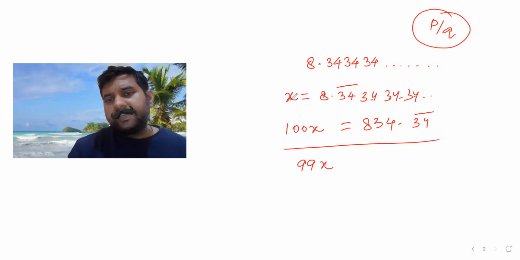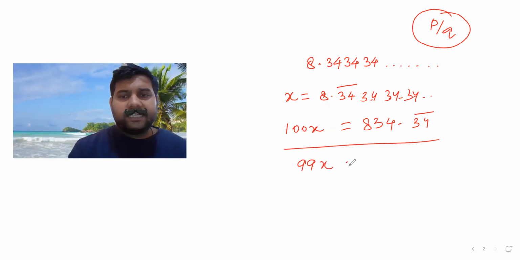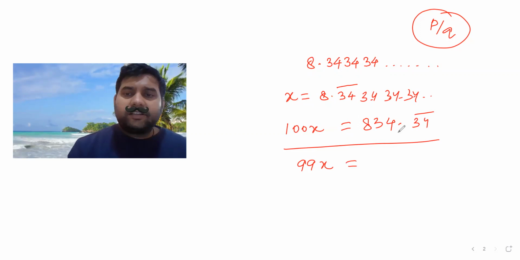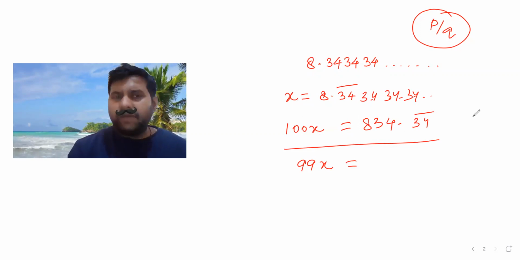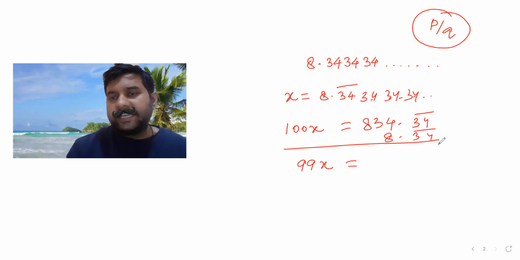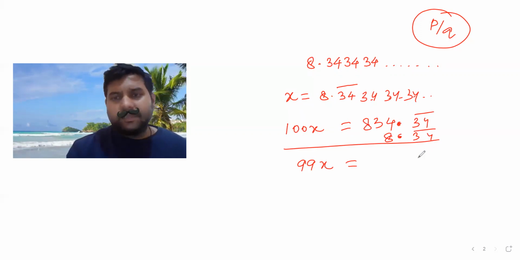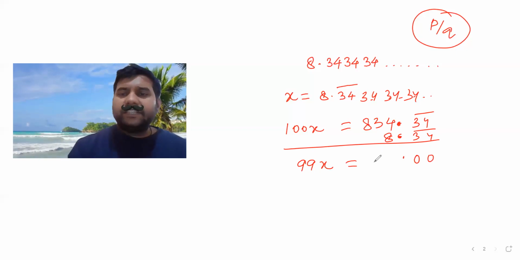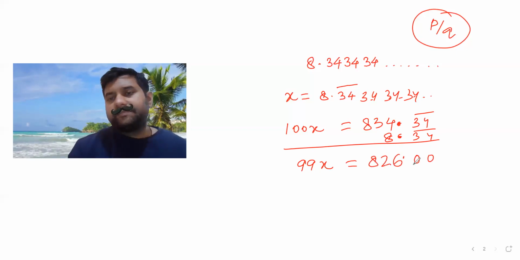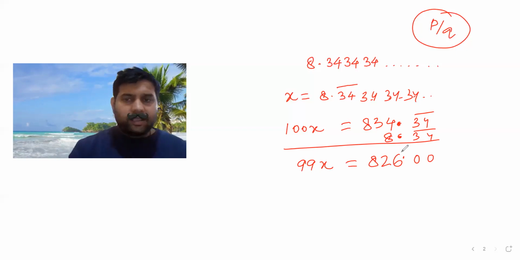So when we subtract, what happens? 100x minus x is 99x, and then 834.34 bar minus 8.34 bar, right? So this infinity part of the decimal gets subtracted and becomes 0, right? So this we can write as 0, and here we can write as 826, correct?